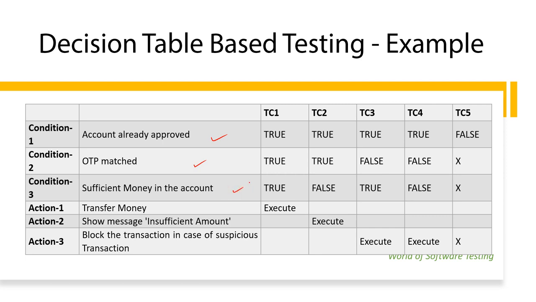The actions performed are: transfer money, show message insufficient amount, and block the transaction in case of suspicious transaction. So based on the input conditions we have provided, it should perform the actions.